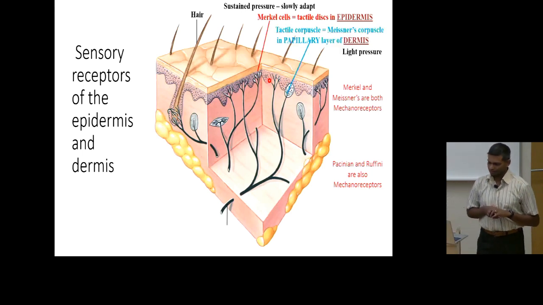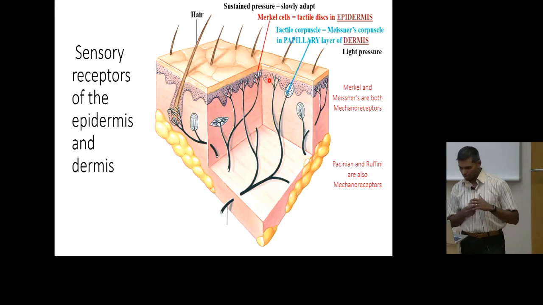On the other hand, you have these Meissner's corpuscles, which are found in the dermis, so in the layer below, and it can also detect light pressure as well. But notice that the difference is they are in different parts of the integumentary system.